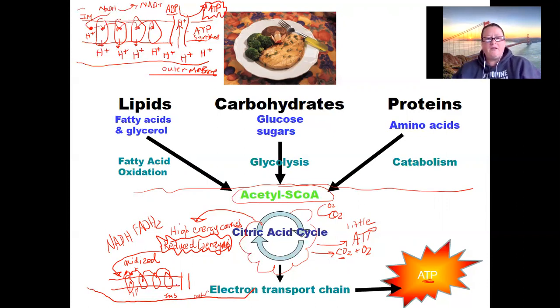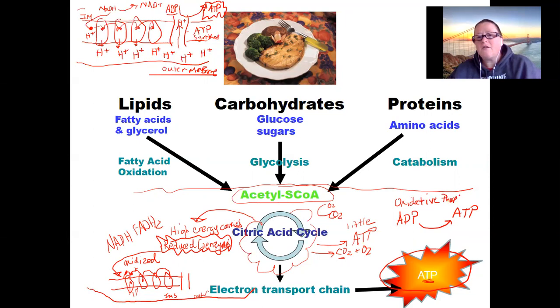So in this electron transport chain, our ultimate outcome is ATP. Now this ADP to ATP process is called oxidative phosphorylation.